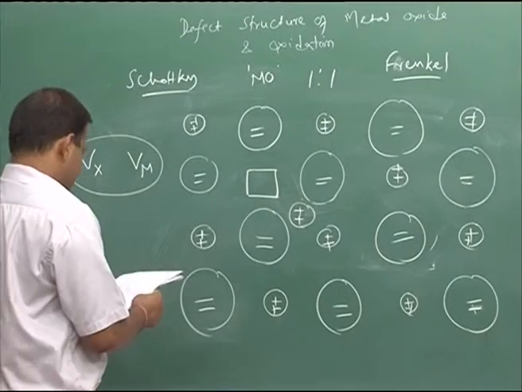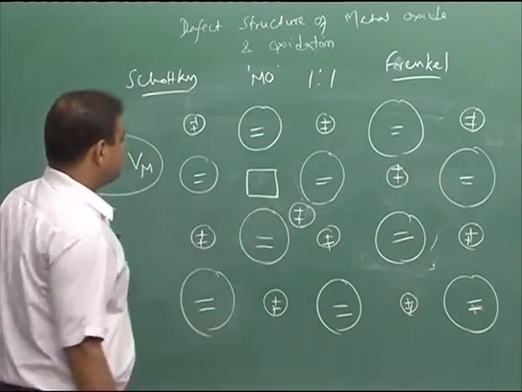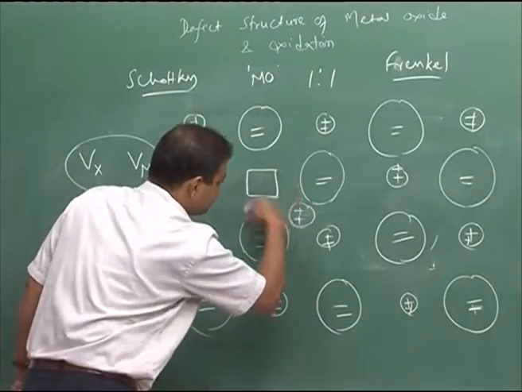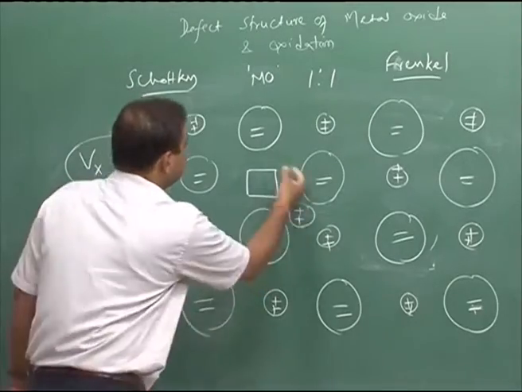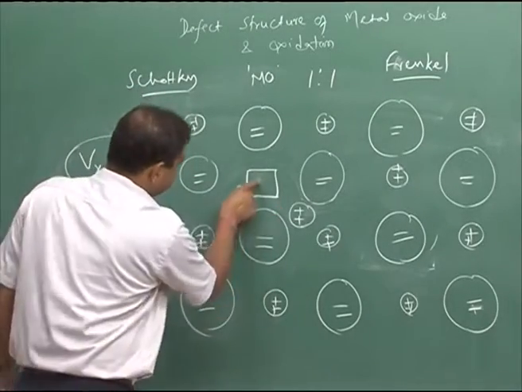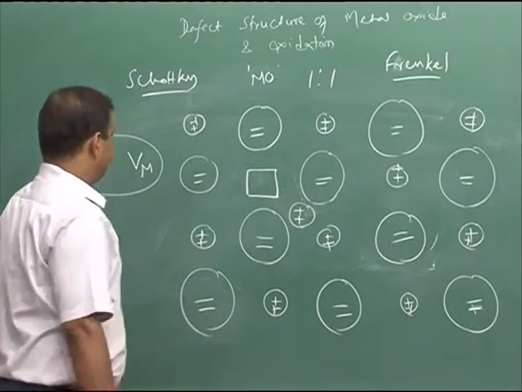So this cation has moved to the interstitial position, which is the interstitial position of all 4 ions, and this is a vacant site. So, this is my Frenkel defect.